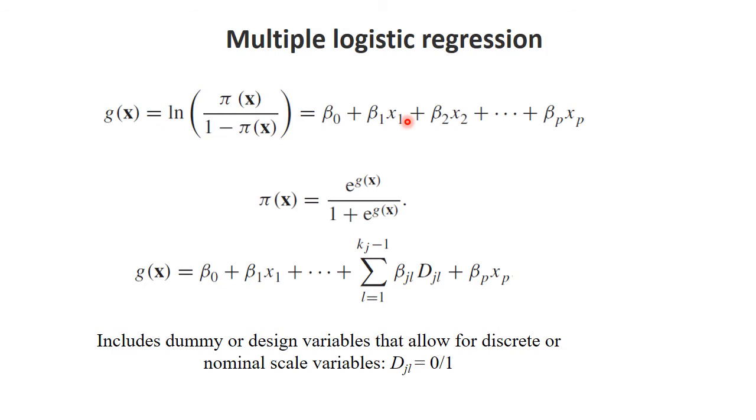In all these methods, the way we address that issue is by including what are called dummy or design variables, sometimes also called indicator variables. They are variables that are 0 or 1 that allow us to model variables such as race: white, black, Asian would then result in 2 dummy variables indicating what race we're dealing with.